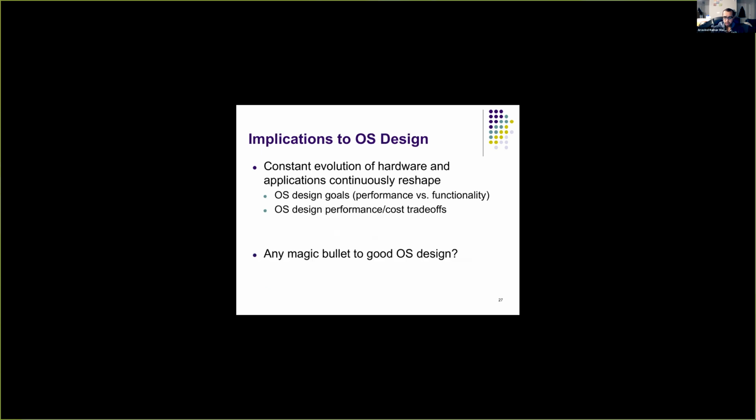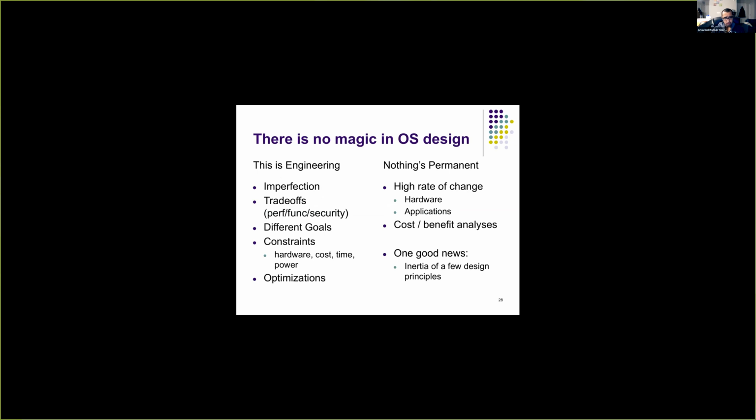So what it does to the operating system is that the design of the operating system needs to be evolving along with the evolving hardware and evolving applications. And unfortunately, there is no magic bullet to good OS design, because the requirements or the demands of the operating systems are constantly changing. Furthermore, most of the operating system design is engineering.